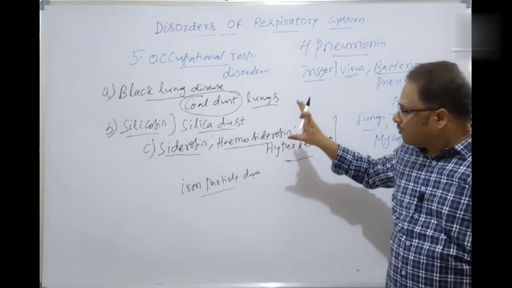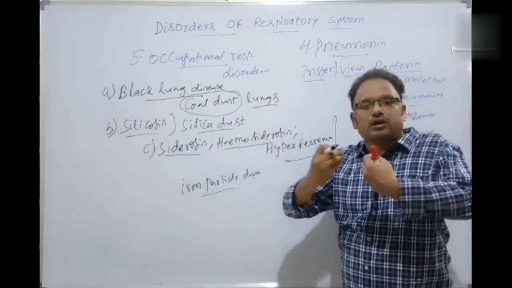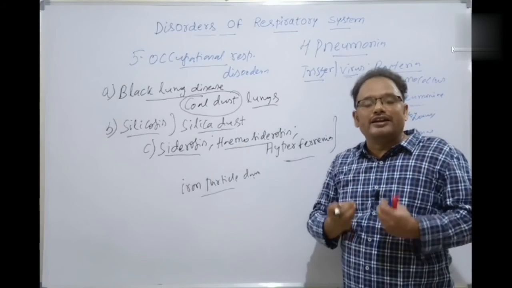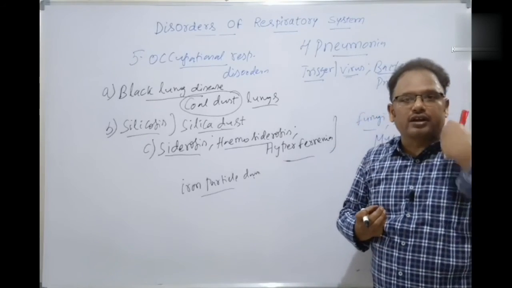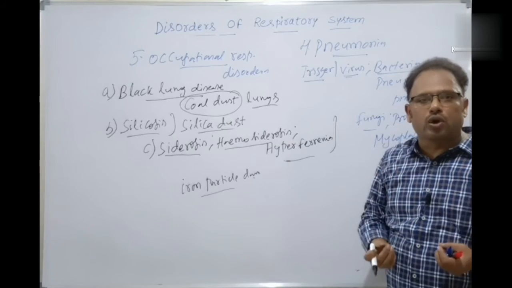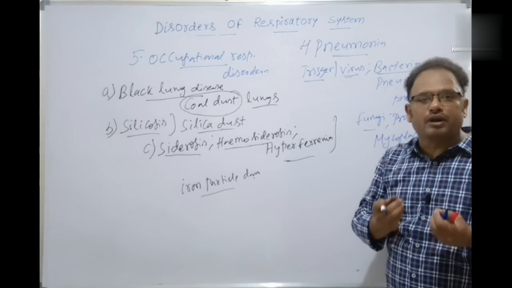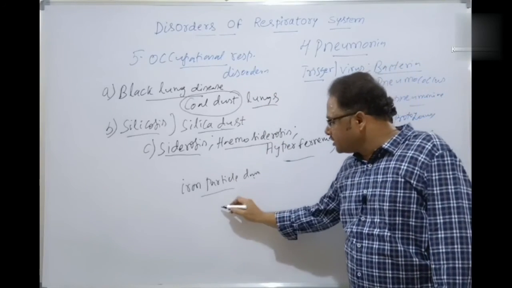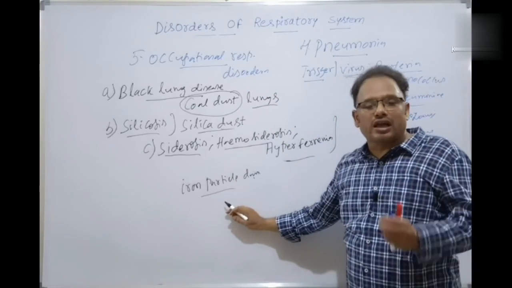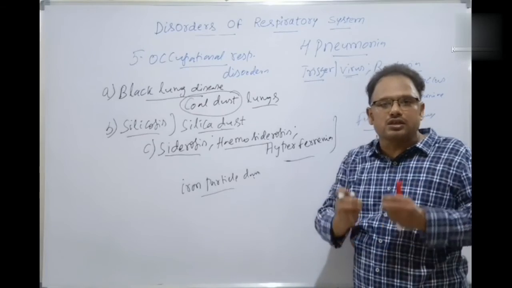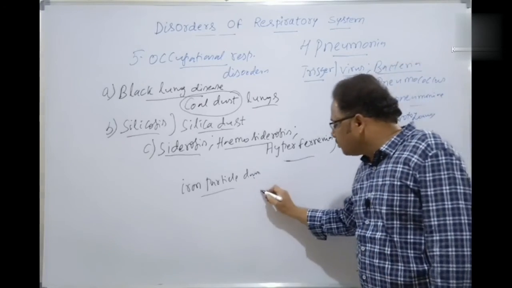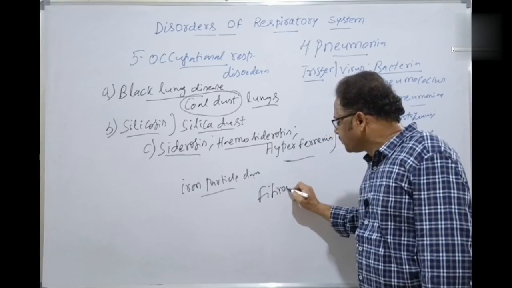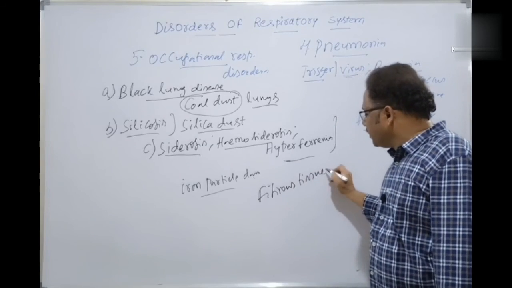This is even more dangerous because iron particles are inhaled and damage the respiratory tract and the lungs, with destruction of the alveoli. So there is a severe impairment to the exchange of gases in these disorders. What is more dangerous is that the lungs lose elasticity. The elasticity is lost and there is an accumulation of fibrous tissue.